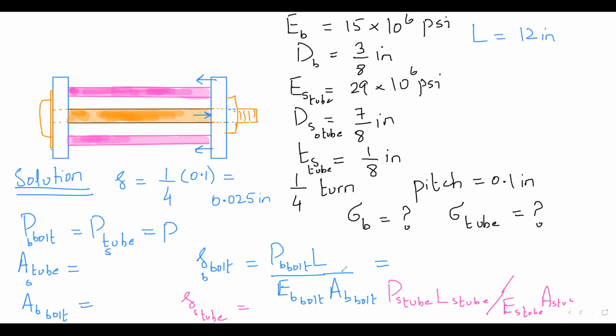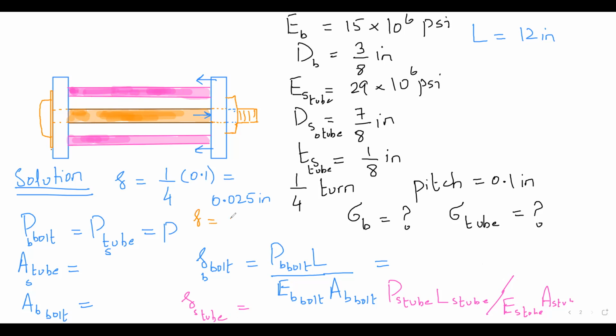For the total deflection, we set that 0.025, right? Yes. This deflection value, I think it will equal the steel tube deflection. No, I will tell you, so let me just finish this, then we will talk.